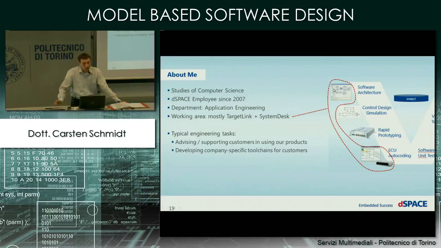And then you need, of course, the right automation tools that do it automatically. And that's a typical tool chain development task. And of course, sometimes there are customer-specific needs for additional tools, and then we develop those in our department too.